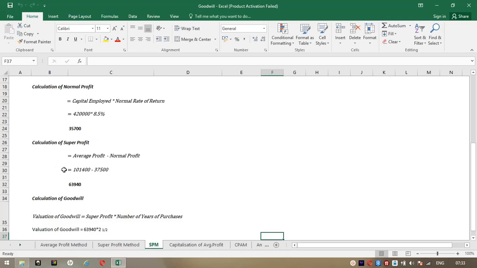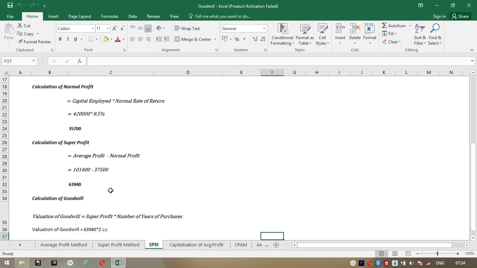Then for calculation of super profit, use this formula: average profit minus normal profit. Average profit we already calculated here, that is 1,01,400, minus the normal profit, that is 37,500. So 63,940 is our super profit.